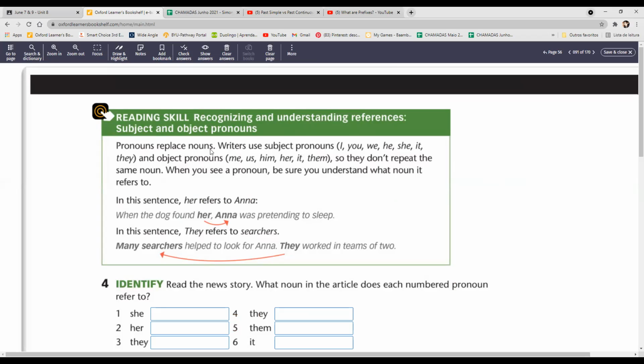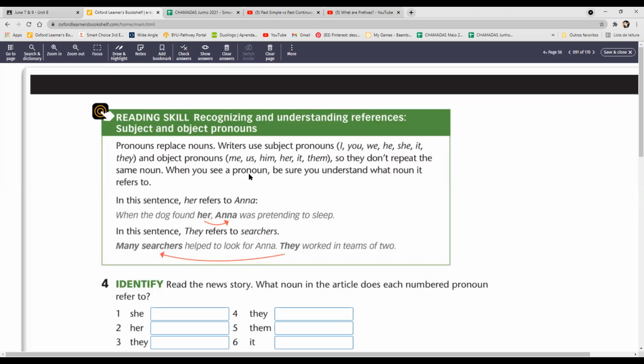pronouns replace nouns. Writers use subject pronouns. For example, I, you, we, he, she, it, and they. And they also use object pronouns like me, us, him, her, it, or them.